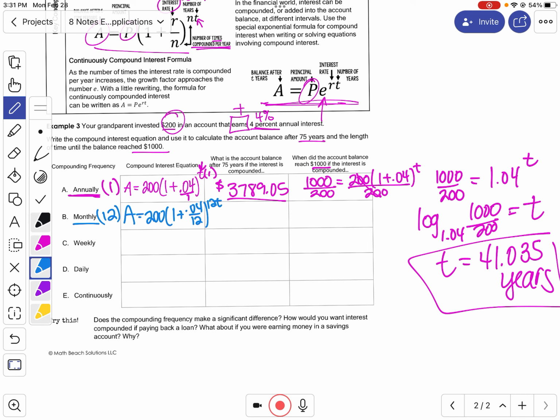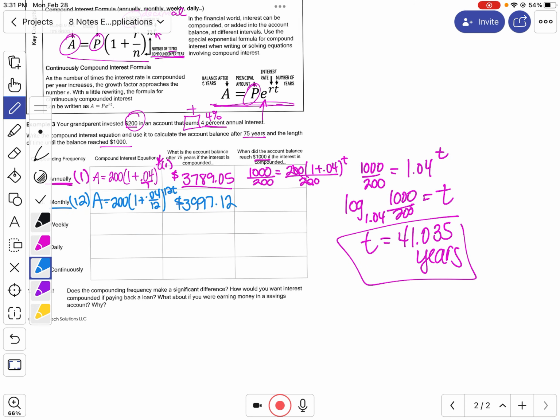So plugging in 75 for t, I should get $3,997.12.